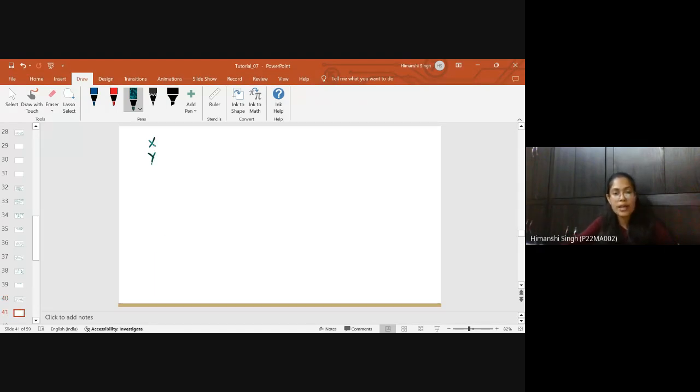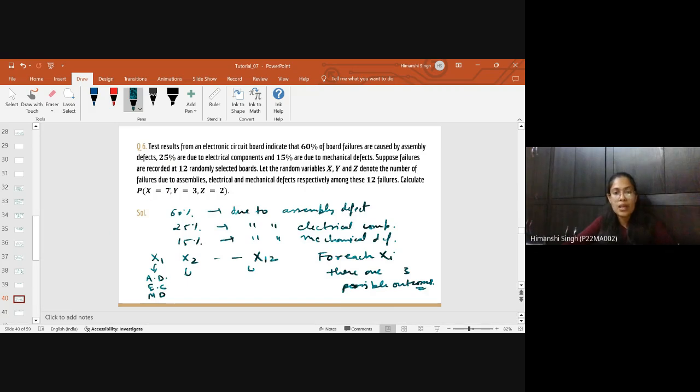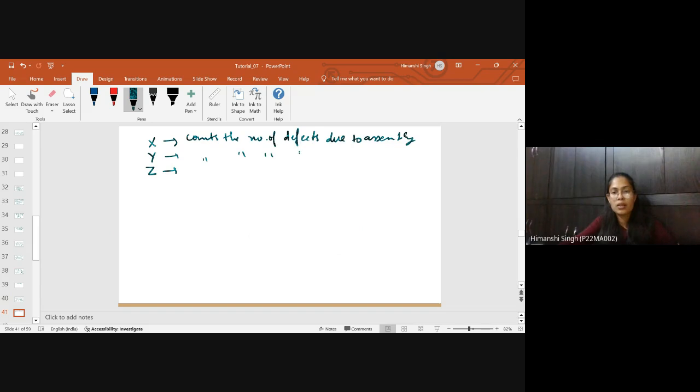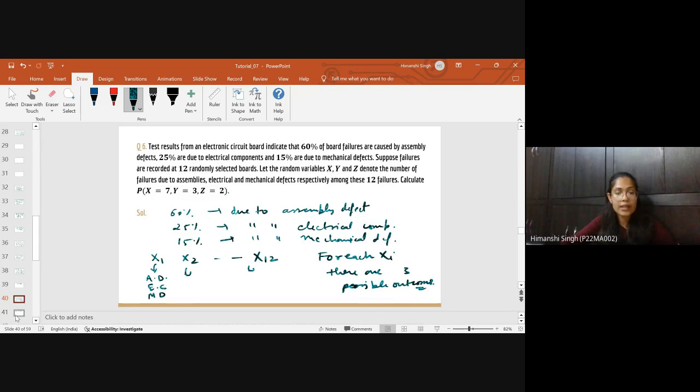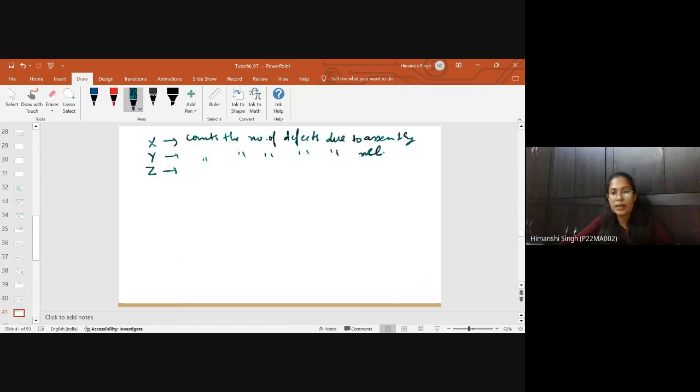So x, y, z are random variables which count the number of defects due to assembly, the number due to the electrical, and the number due to the mechanical.